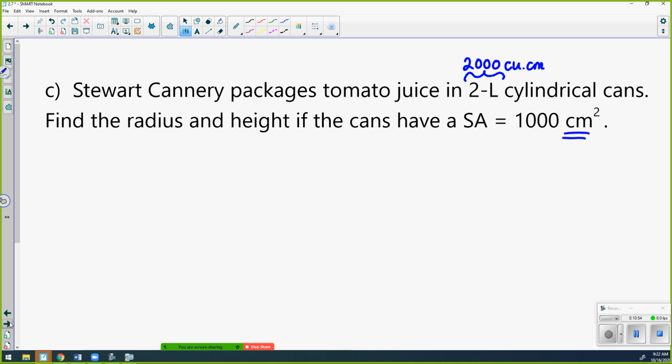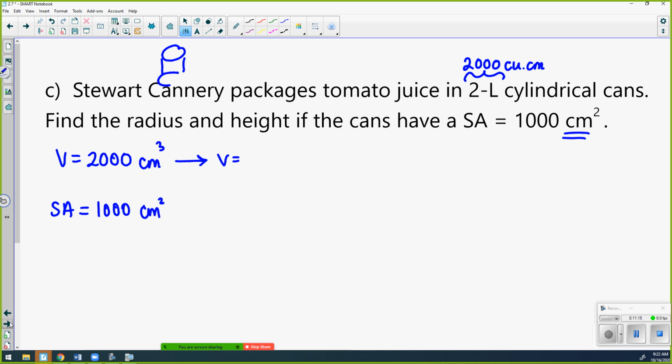So what we want to know is the radius and the height if we know that the cans have a volume of 2,000 cubic centimeters and a surface area of 1,000 centimeters squared. So I'll go ahead and throw my labels on. So what do I know? With a cylinder, they have a circular base with a radius and then a certain height like so.